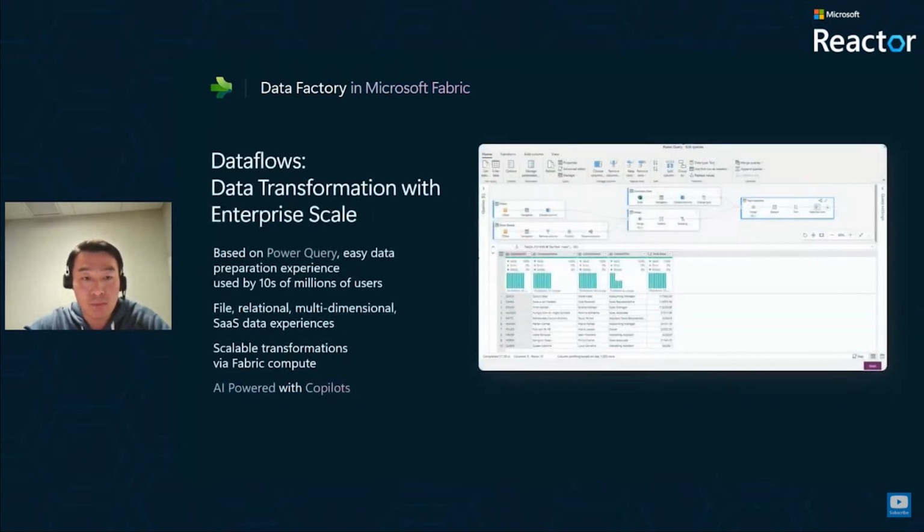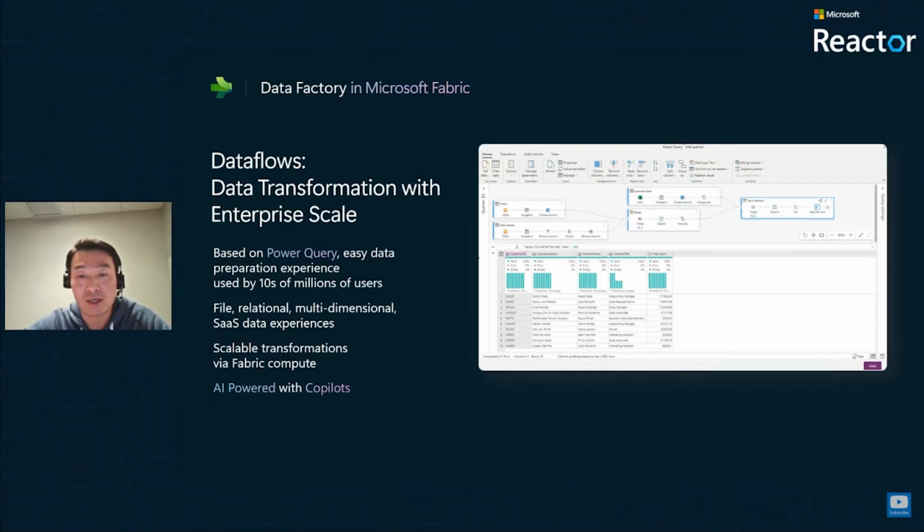The next slide is one more slide to introduce Dataflows Gen2. Many of you may already know that Power Query has been the pillar of our data transformation and data preparation capability for many years.